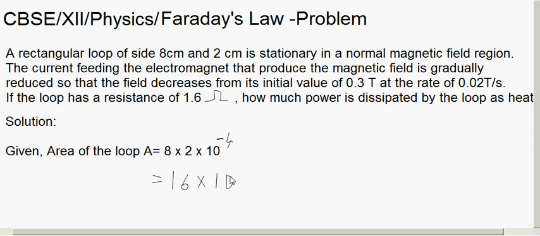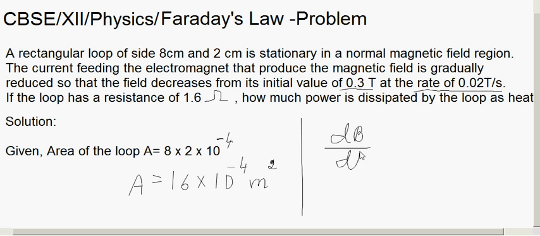And what else is given? The initial value of the magnetic field is 0.3 Tesla and the rate of change of magnetic field dB by dt is given, which is 0.02 Tesla per second.